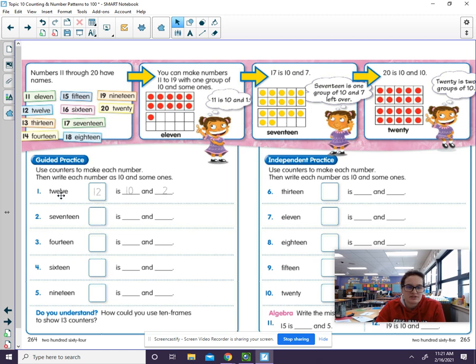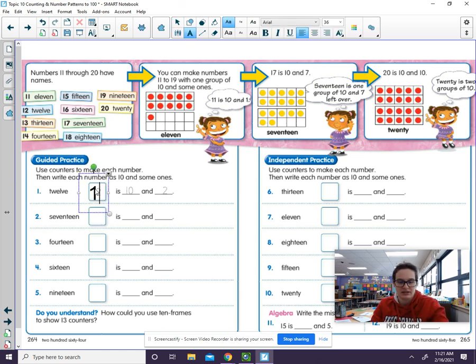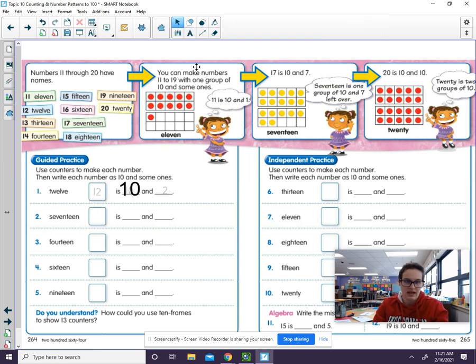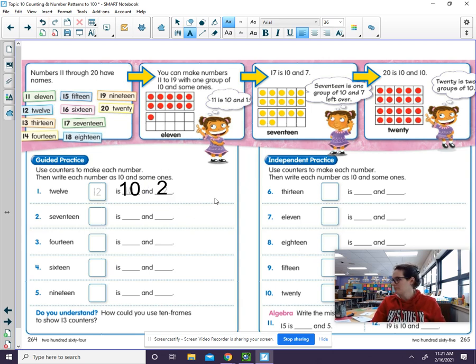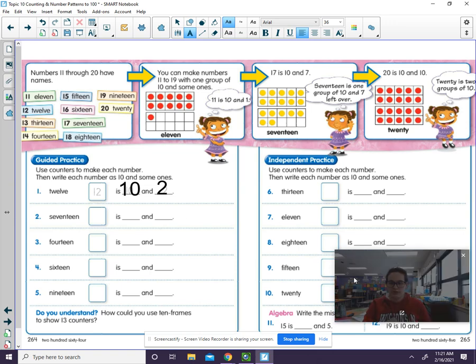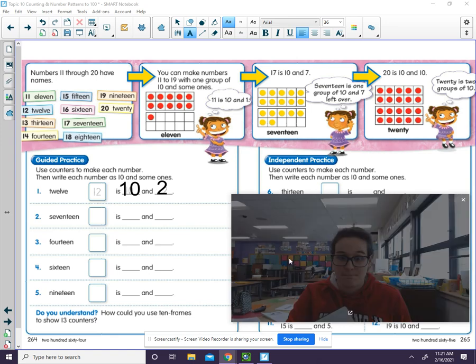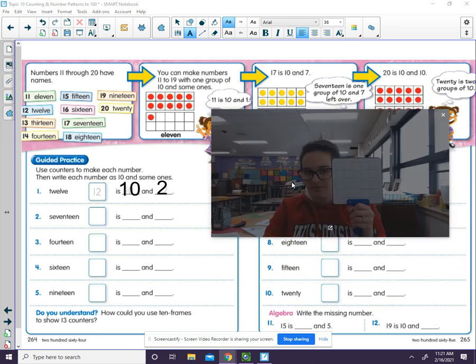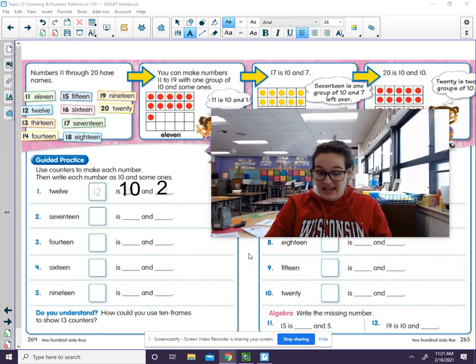This first one says 12. So 12 would be 10 and 2 more. And I can show that to you. I'm going to go ahead and make my picture over here bigger for us. So I have a 10 frame here, and I'm going to show that 12 is 10 and 2 more.